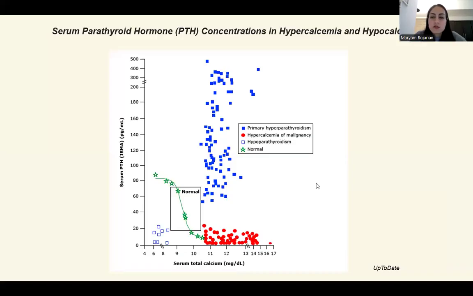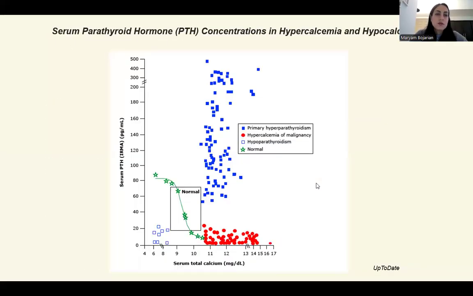Serum PTH and calcium values are low in hypoparathyroidism, which you can see in the open blue boxes, and high in primary hyperparathyroidism, which you can see in the blue squares. And the serum calcium concentration is high and serum PTH is appropriately low in patients with non-PTH-induced hypercalcemia of malignancy, which you can find in the red circles. Basically the same idea as I mentioned.